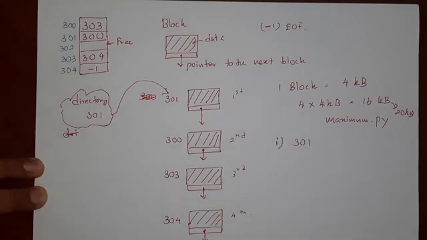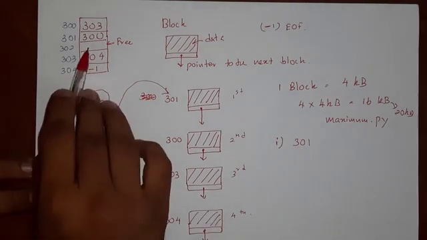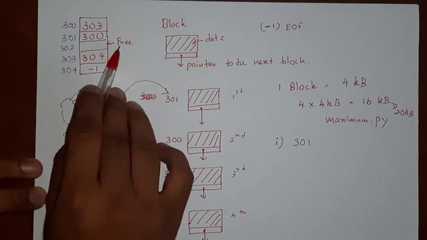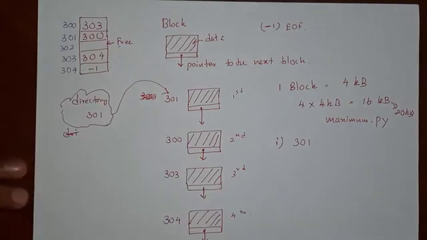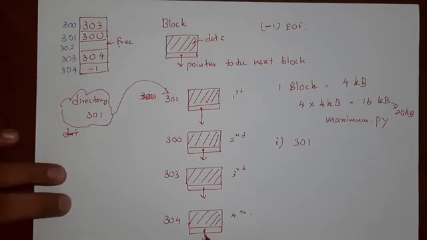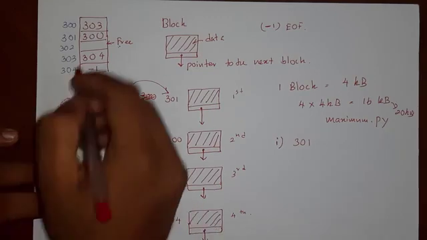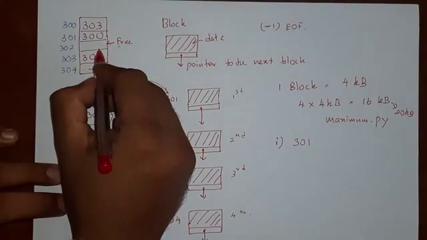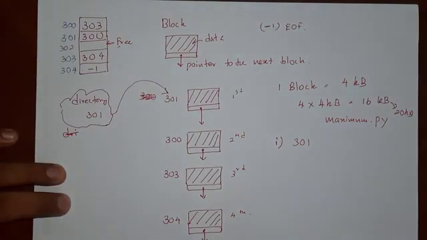So now you have 20 kilobytes. Because 302 is free, you can allocate it. So what was done earlier, 304 points to -1. So it should point to 302 now. Then 302 points to -1.